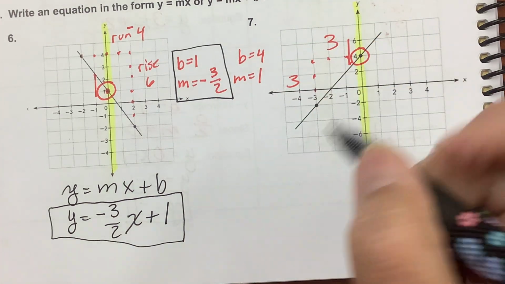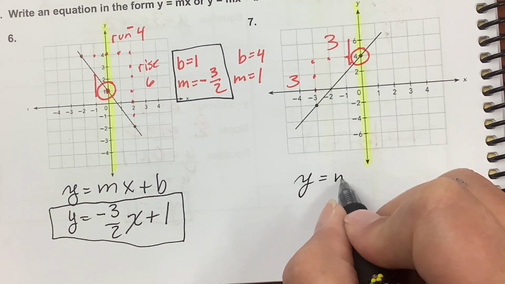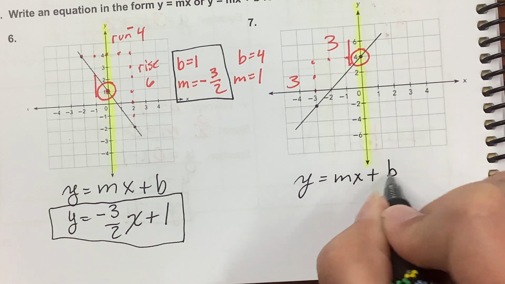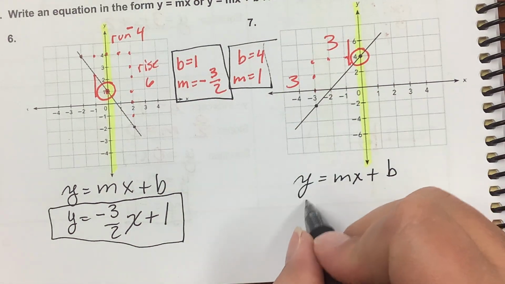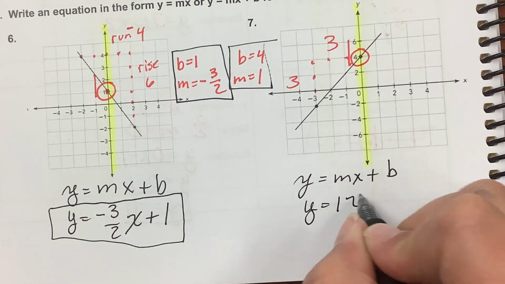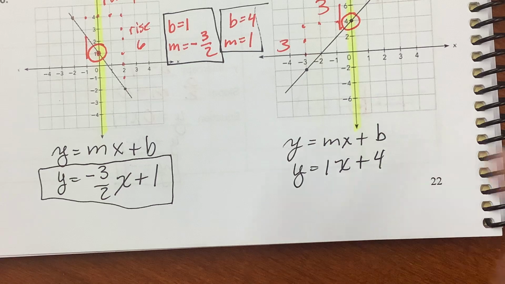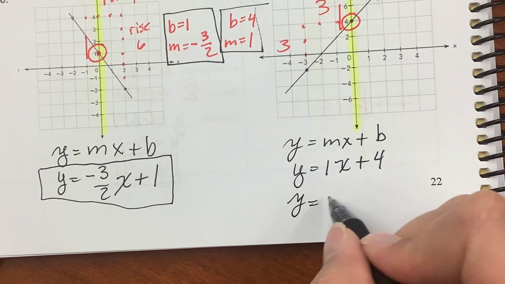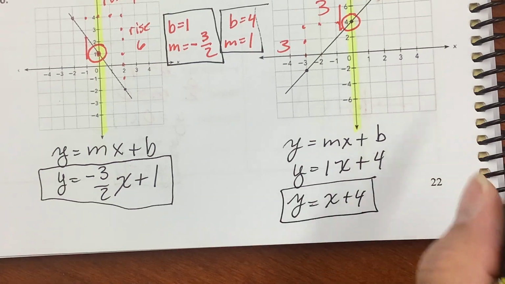So again, y equals mx plus b, and I write it every time. And I'm going to substitute m is 1 and b is 4. So y equals 1x plus 4. Now you don't need that 1 there, it's implied, so I could just write y equals x plus 4. And that's my answer. Yay!